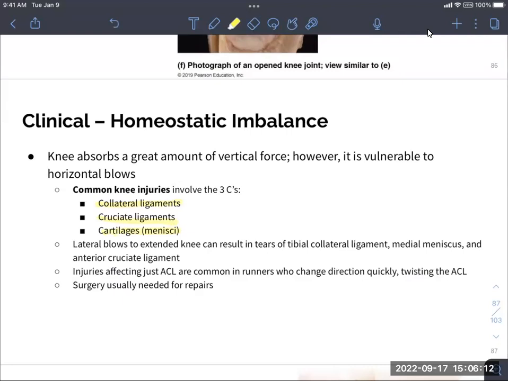Those are the 3 C's: collateral ligaments, cruciate ligaments, and cartilage or menisci. Because a blow from the side, that lateral blow, can actually tear the collateral ligaments, the menisci, and that anterior cruciate ligament all in one blow. That's kind of scary.